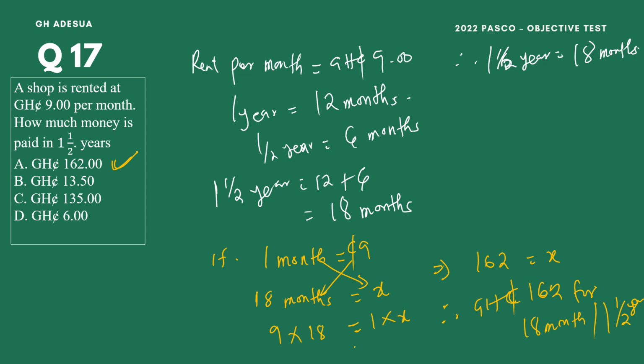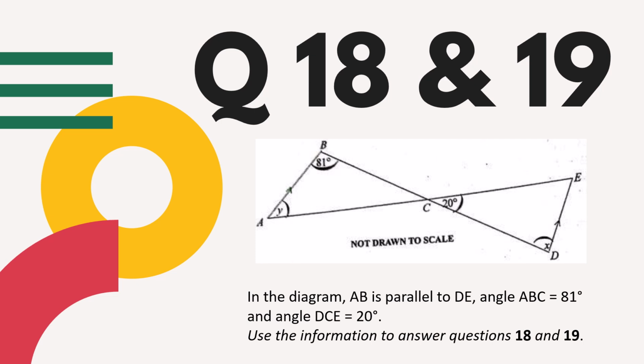Go to the 18th question. For this case, it's a question that requires us to use the diagram to answer questions 18 and 19. It says, not drawn to scale, if in the diagram AB is parallel to DE, that is to say, angle ABC is 81 degrees.